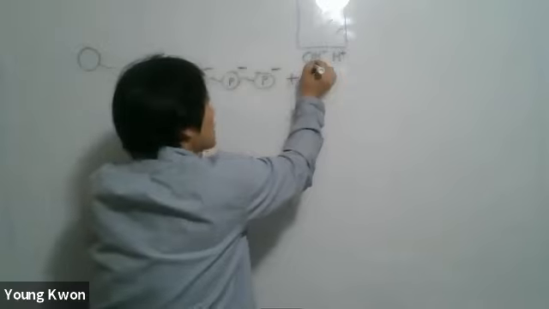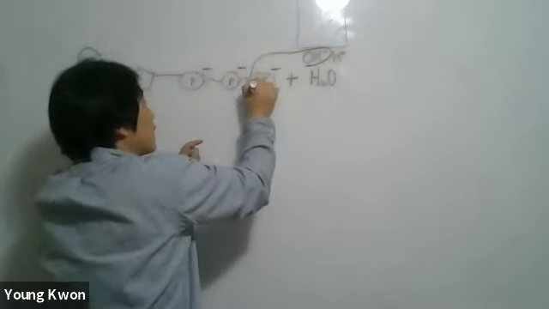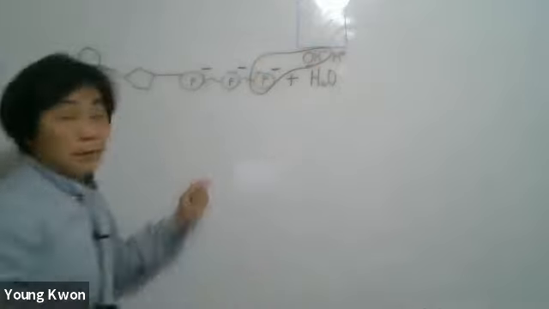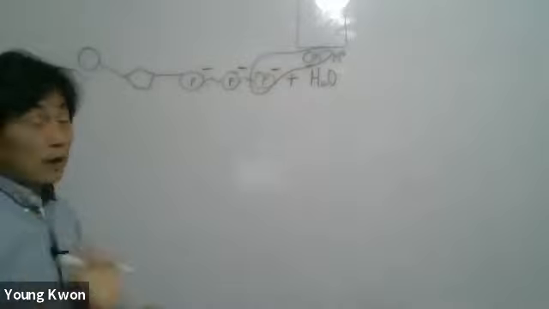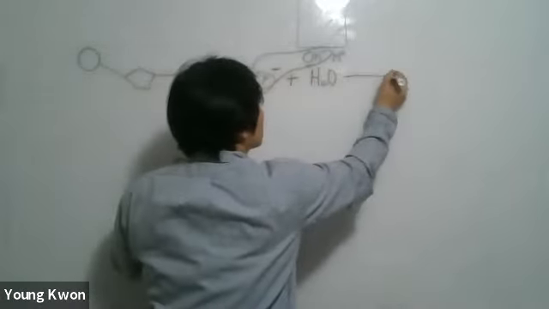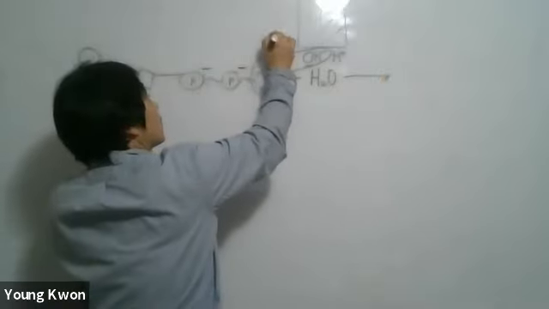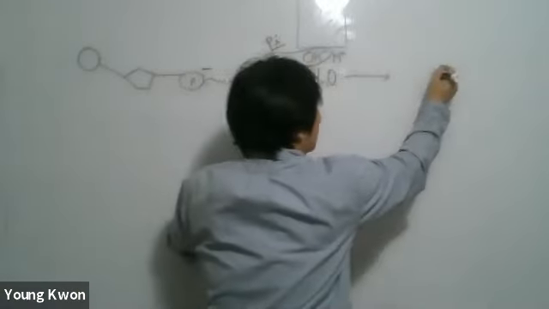This OH minus with the last phosphate group becomes inorganic phosphate, free inorganic phosphate, Pi. So I can rewrite here Pi.